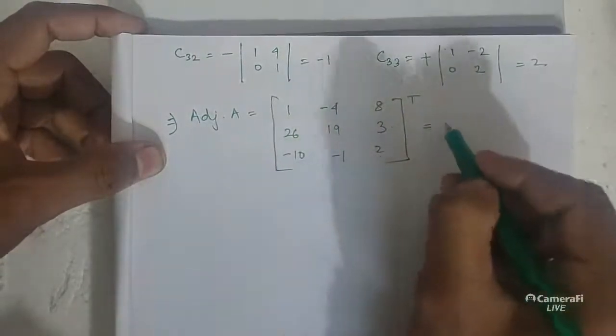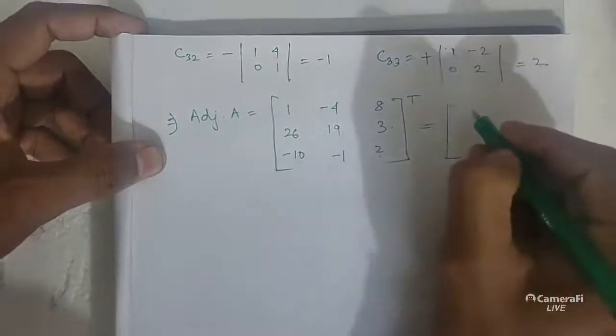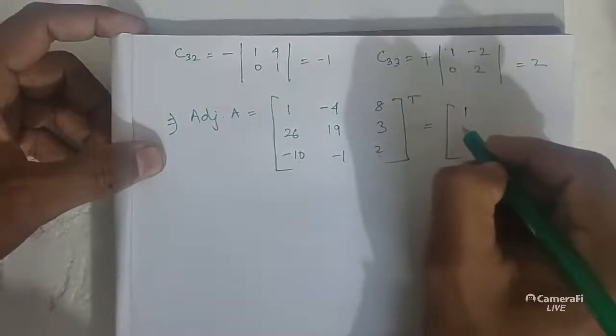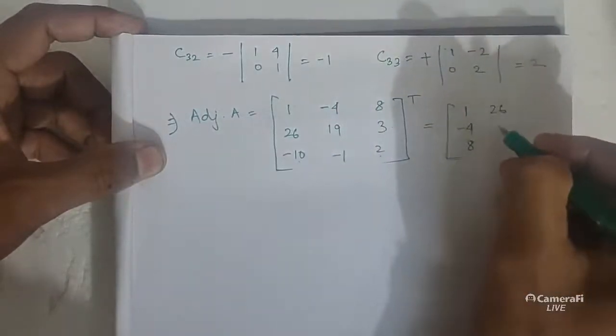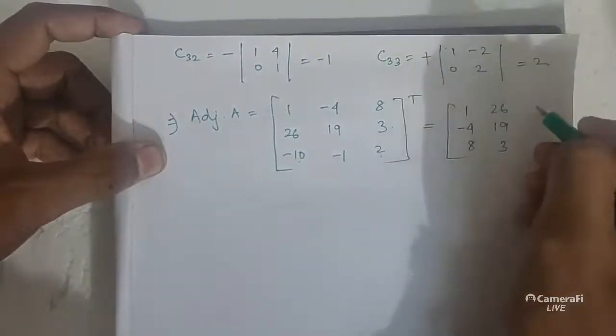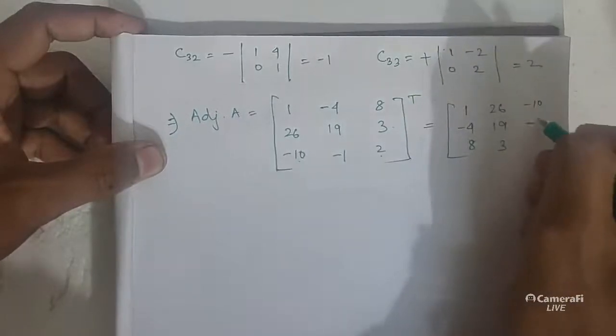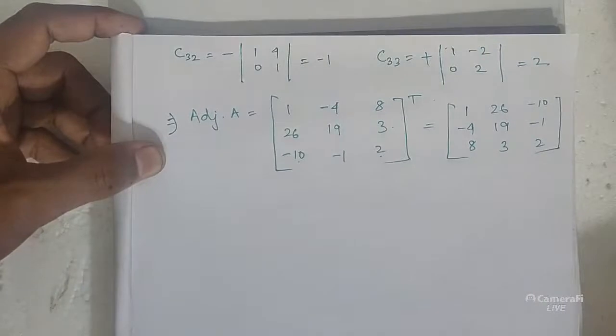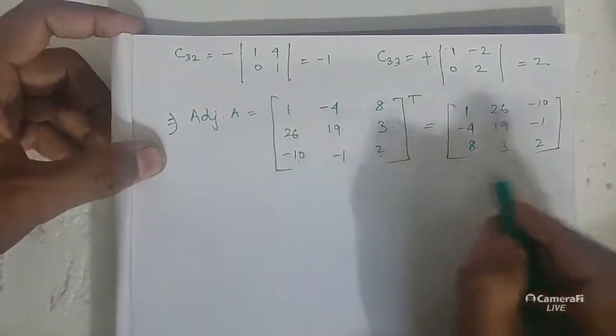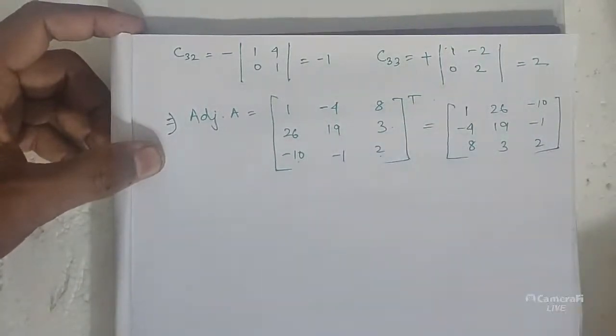Then we have to take the transpose. So what we are getting here, now interchange the row and column: 1 minus 4 8, 26 19 3, minus 10 minus 1 2. So this is the value of adjoint A.